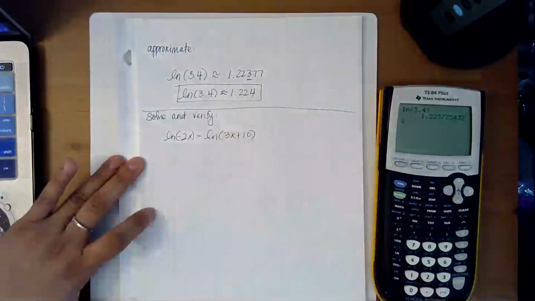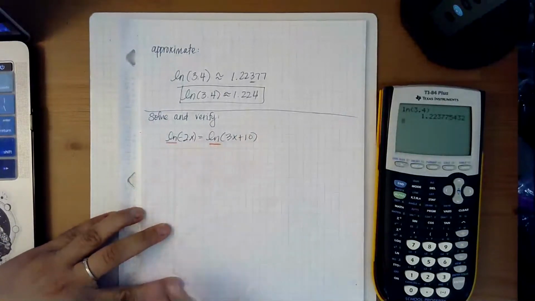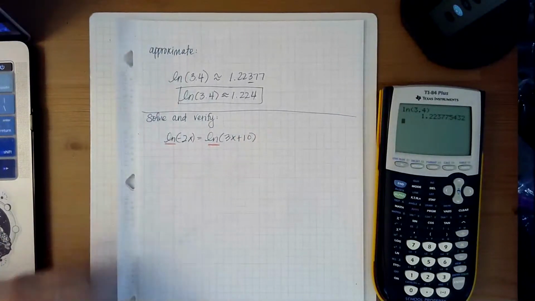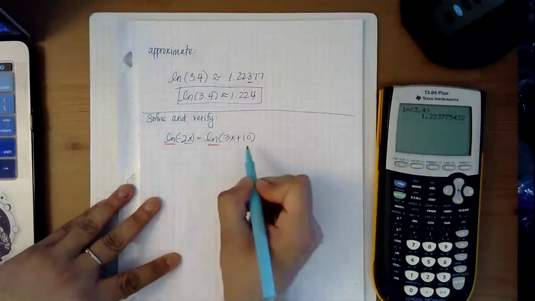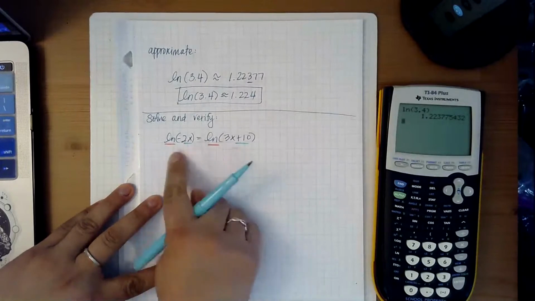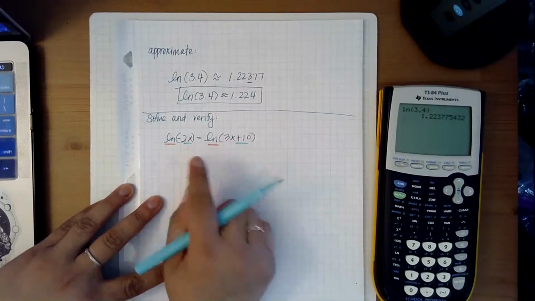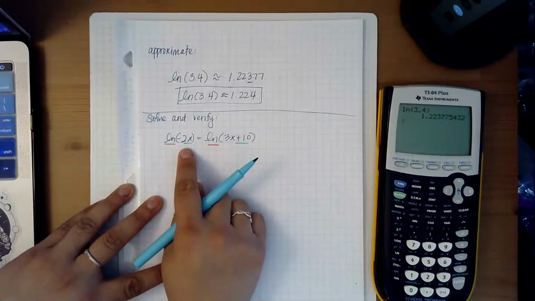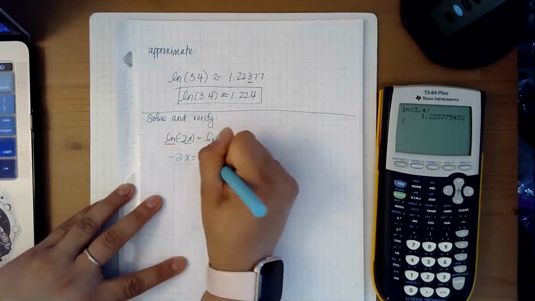Here we must recognize that I already have common bases on both sides. When I have a situation like that, all I have to do is analyze the inputs. Given that I'm looking at two natural log functions of the same base, all I have to do is equivalize, that's a new word I just made, the inputs. So I now have negative 2x is equal to 3x plus 10.